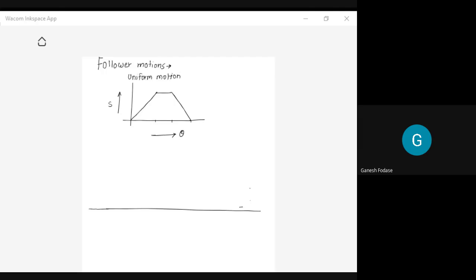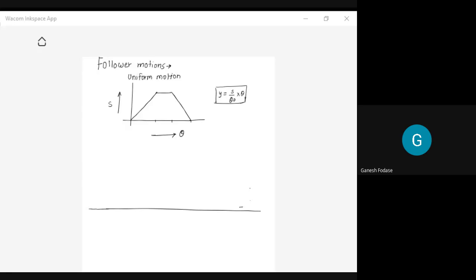With reference to this, we saw equations for follower displacement. The displacement of the follower at any cam angle theta is given by y = s upon theta o into theta. So this is your equation for displacement. From this equation we find the displacement value at different angles.